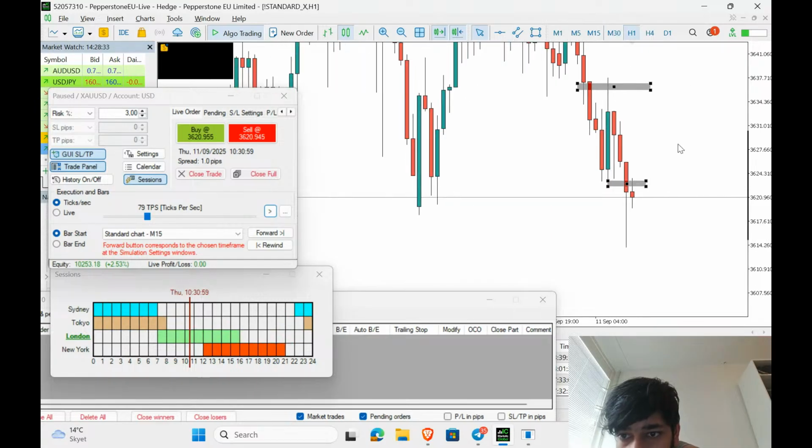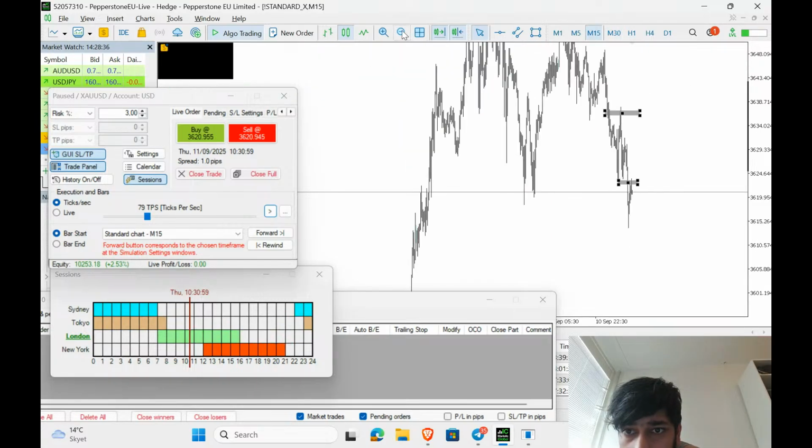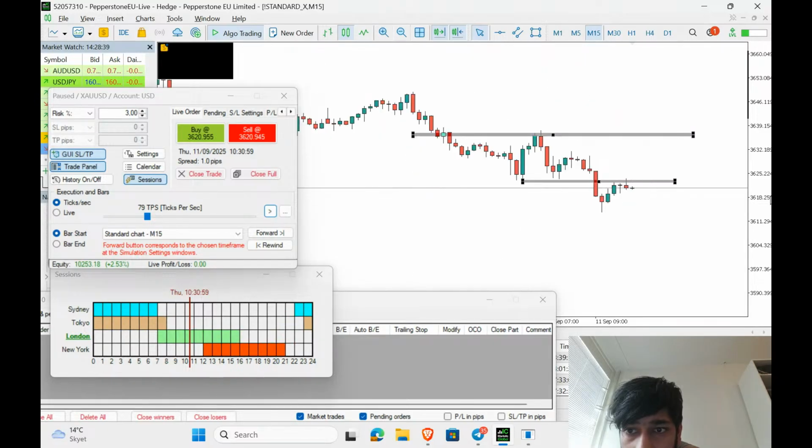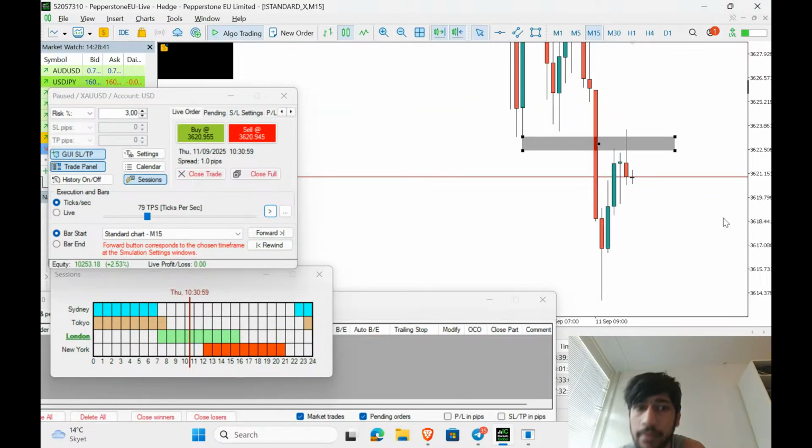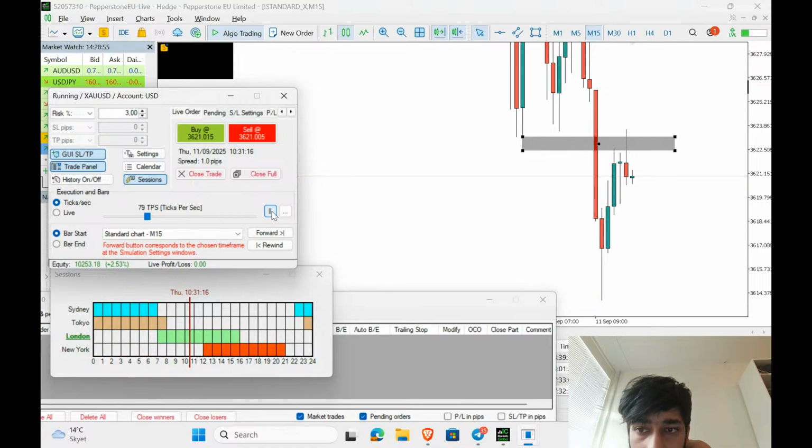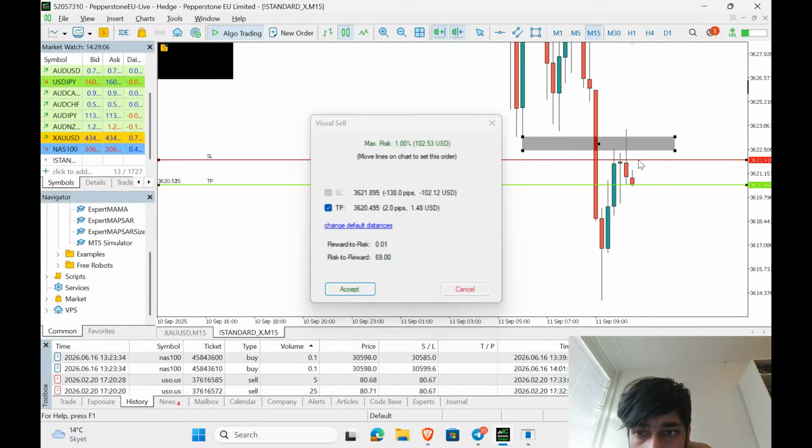M30 closed bearish. H1 is down. I mean, what's the probability price is going to go down? I think it's quite high, but I'm going to deploy lower risk over here because this candle's body is very weak. Like it can't even break below this candle. So yeah, 1%. Not buy, sell. Stop loss, take profit right over here.